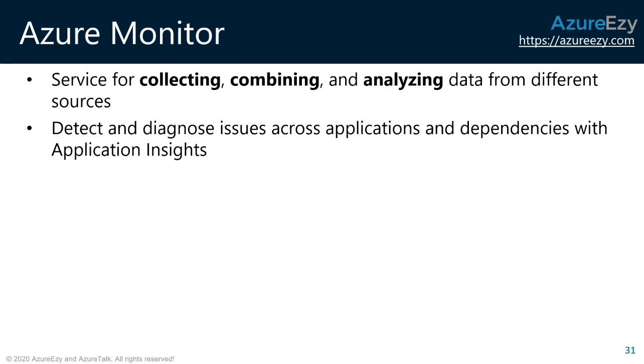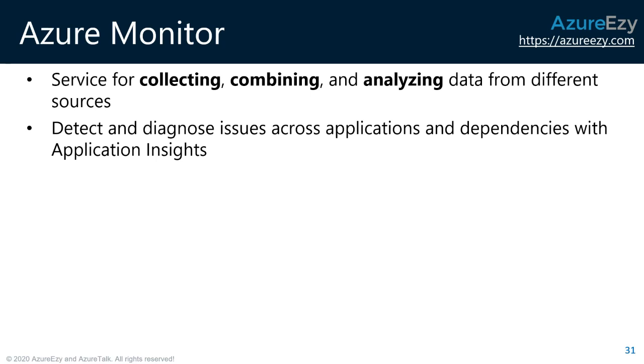Along with the application, it also helps you detect and diagnose issues with their dependencies as well. For example, you have an application that has a mix of microservices, or some dependency on a database or related services. You can see those dependencies as well, and diagnose and troubleshoot issues with the help of Azure Monitor. With this, you need to use another service known as Application Insights.